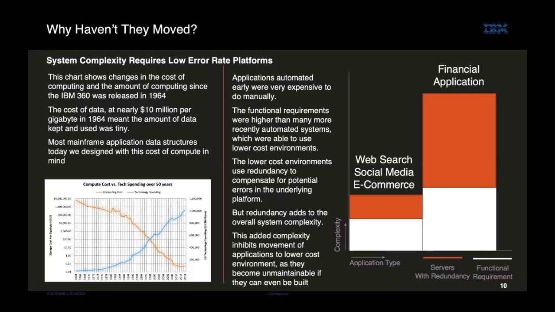It's critical to have the balance be correct. And so the nature of z/OS and its reliability takes away the need to use redundancy in cloud platforms to overcome inherent weaknesses of the platform. z/OS, because it's so reliable, is a space within which these financial applications continue to survive.